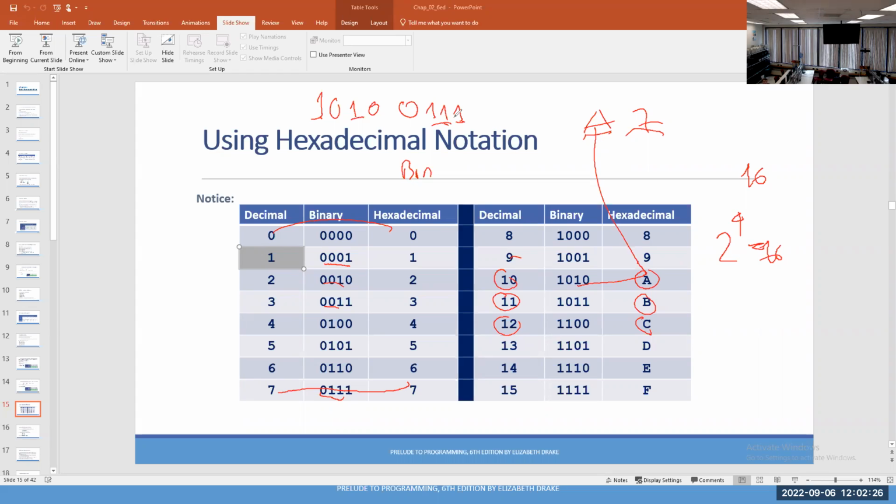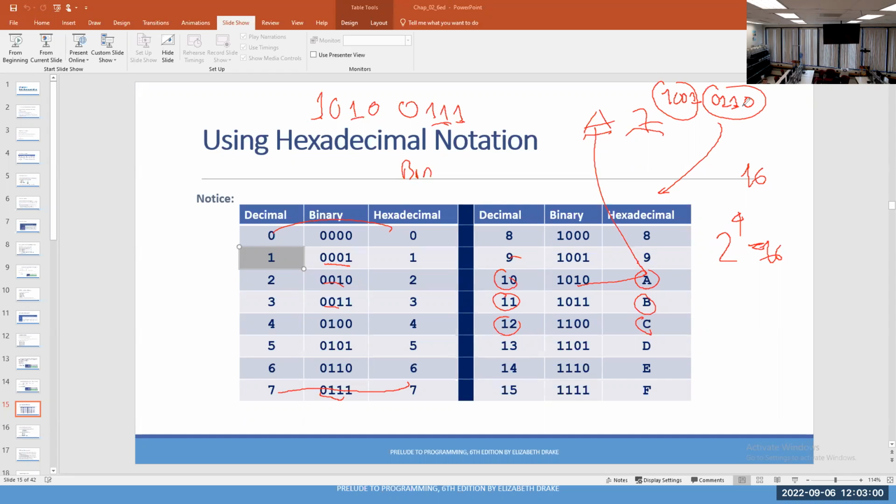The same if I want to convert from 0, 1, 1, 1, 0, 0, 1, and 0, 1, 1, 0 back to the hexadecimal. What do you think I have here? As a group, every 4 bits is one hexadecimal digit.